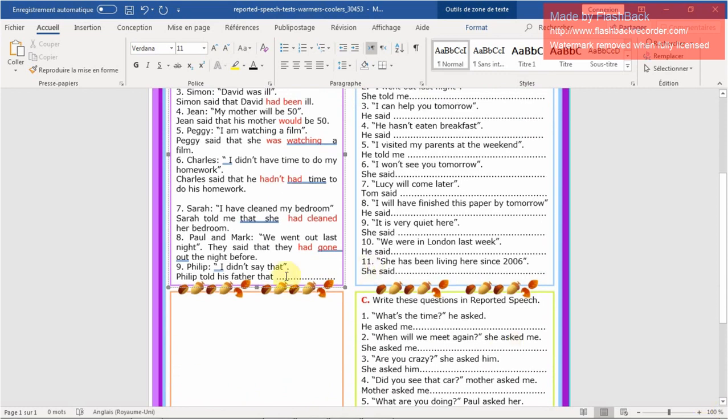Now the last one. I didn't say that. You have the verb to say in simple past, negative form. It should turn into past perfect, negative form too.